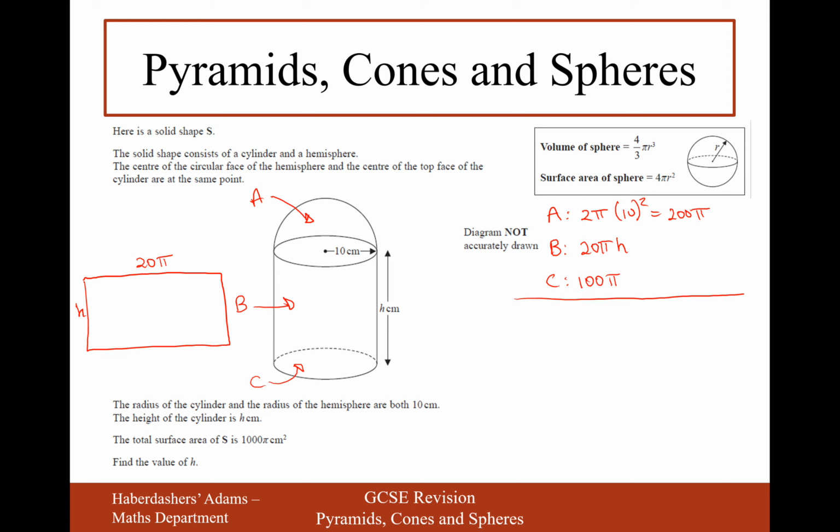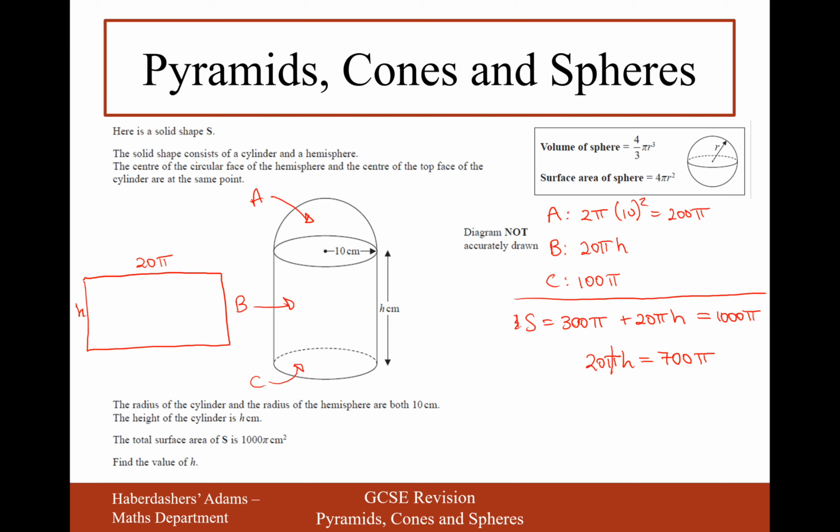So let's now add all of this stuff together. So the total surface area S is going to be equal to 300 pi plus 20 pi times h. And this equals 1000 pi. So let's subtract the 300 onto the other side. So you get 20 pi h equals 700 pi.